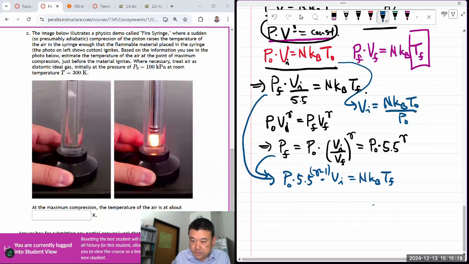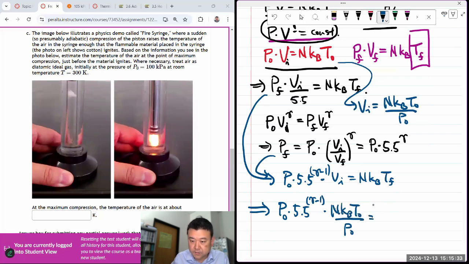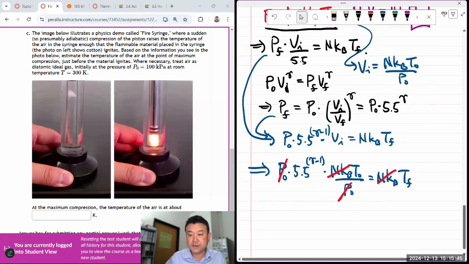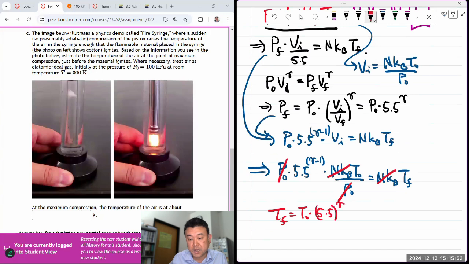So plugging this into the whole equation, I have P naught times 5.5 raised to gamma minus 1 times V initial, and k_B T naught divided by P naught is equal to N k_B T final. Let's cancel out a whole bunch of stuff: N k_B P naught, and that's it. T final is simply T initial times 5.5, the compression factor, raised to gamma minus 1.